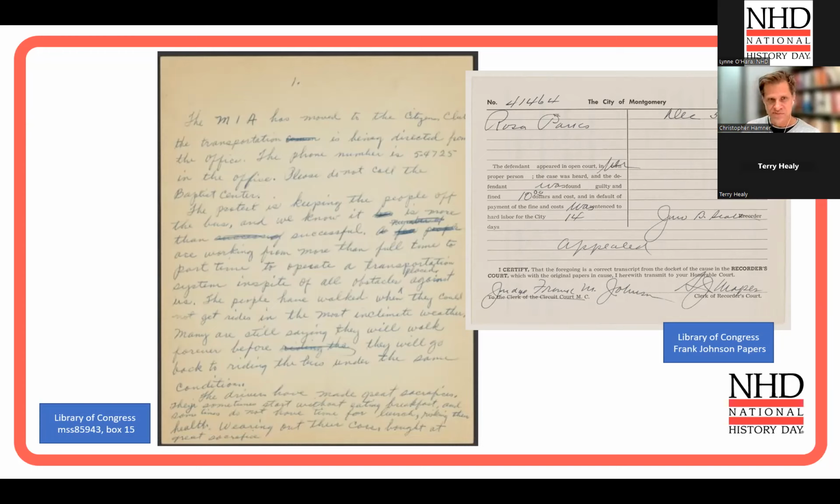But on the left, you see some of the minutes from meetings about coordinating the bus boycott. And one of the reasons the bus boycott is so successful in Montgomery at this point is because Black Montgomeryites collectively withdraw their ridership from the public bus system. And they do that at incredible inconvenience to themselves. They have to walk to work, or they have to set up car sharing, carpooling.